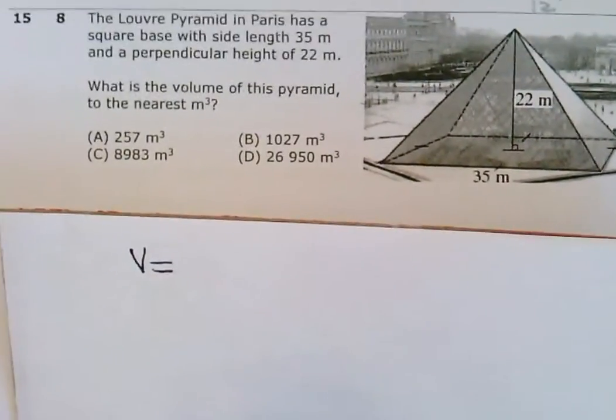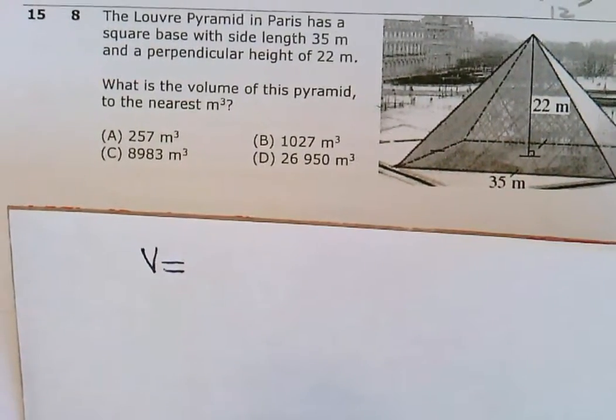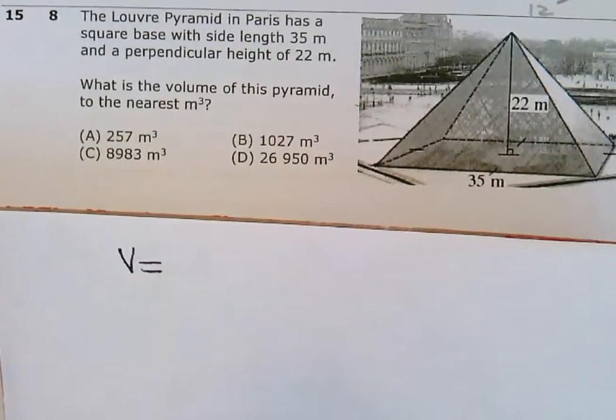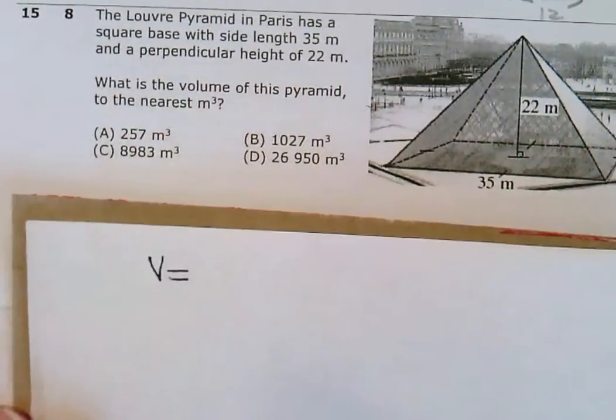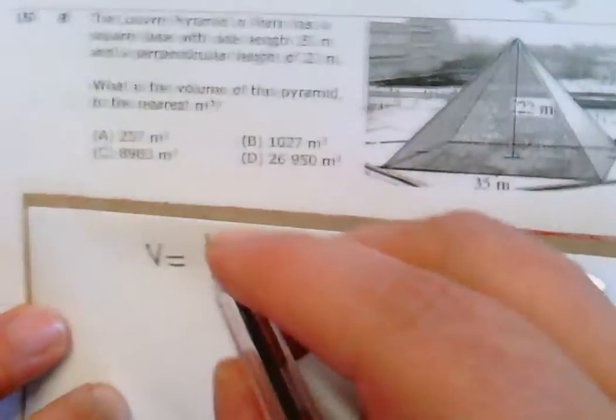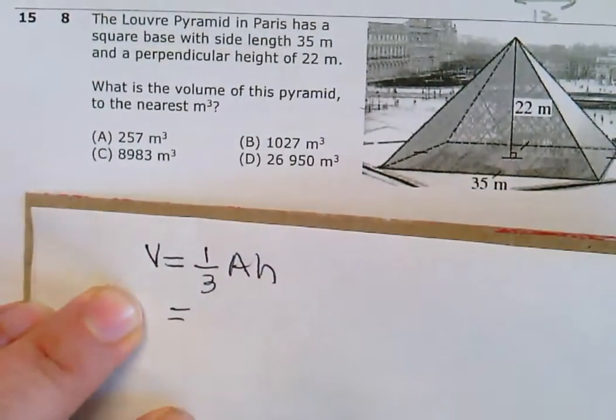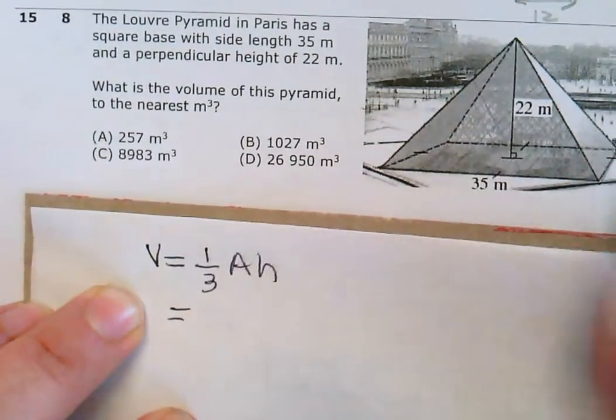Okay, the Louvre Pyramid in Paris has a square base with a side length of 35 metres and a perpendicular height of 22 metres. What is its volume? So volume of a pyramid, the formula is a third AH, but that A is the area of the base.